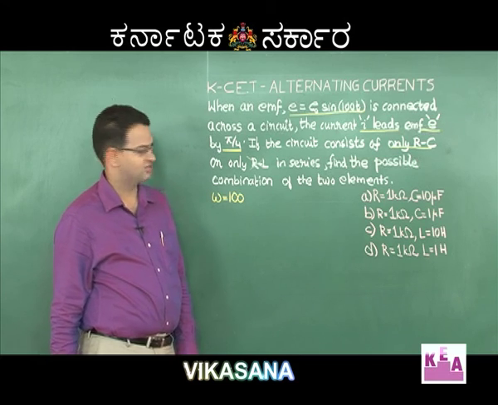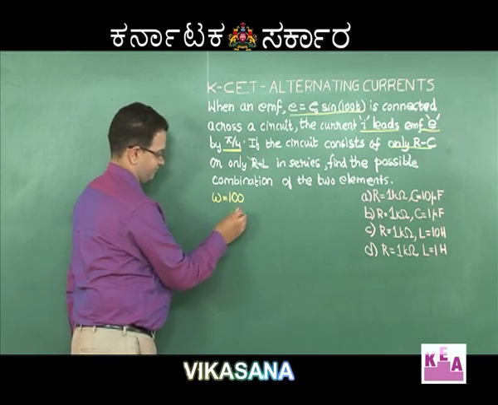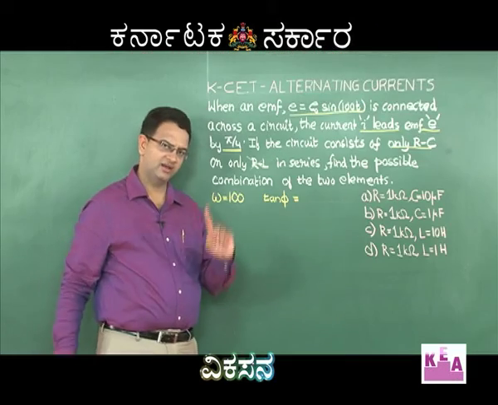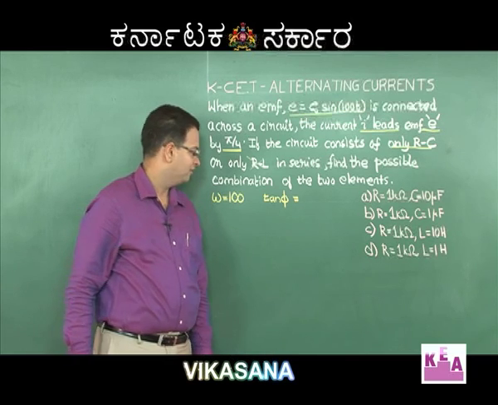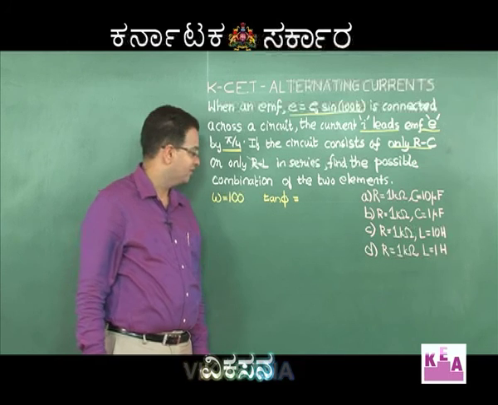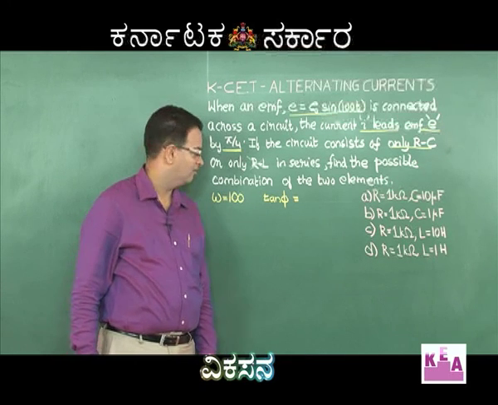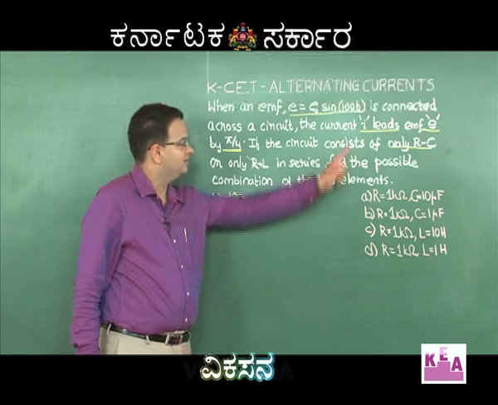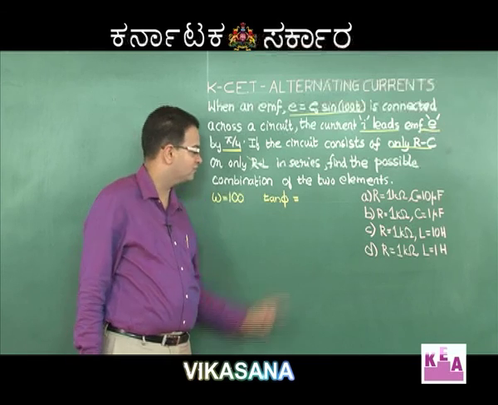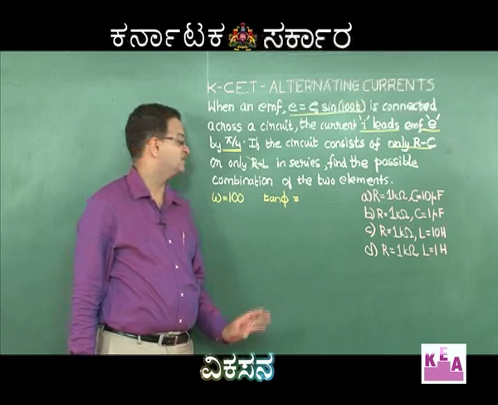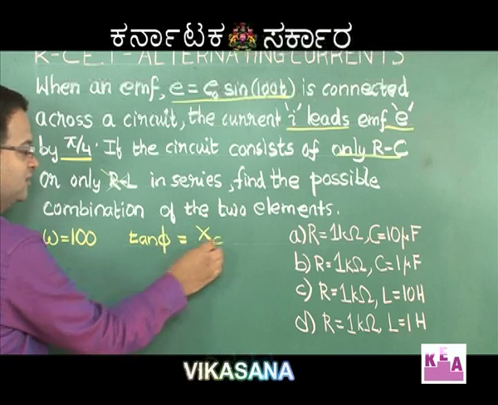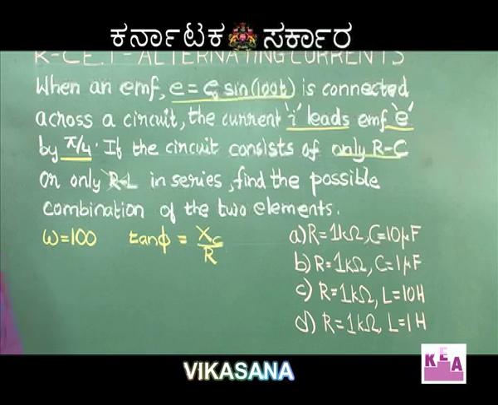Therefore, we have learnt that tan phi is equal to XL minus XC by R if the circuit is inductive, XC minus XL by R if it is capacitive, in case of an LCR circuit. But here we are talking about only an RC circuit, therefore there is no question of XL coming into the picture. Therefore tan phi will simply be equal to XC divided by R.